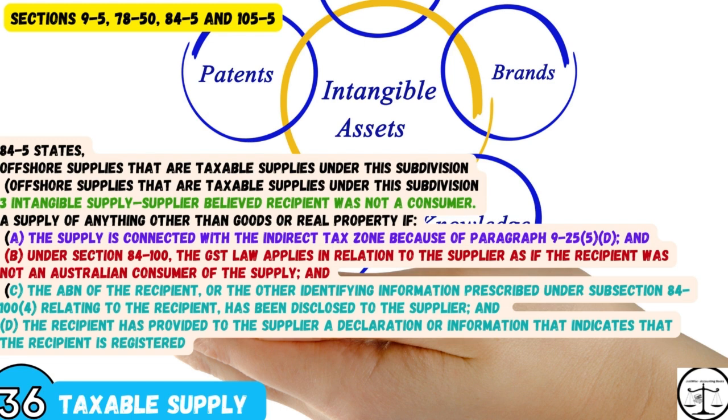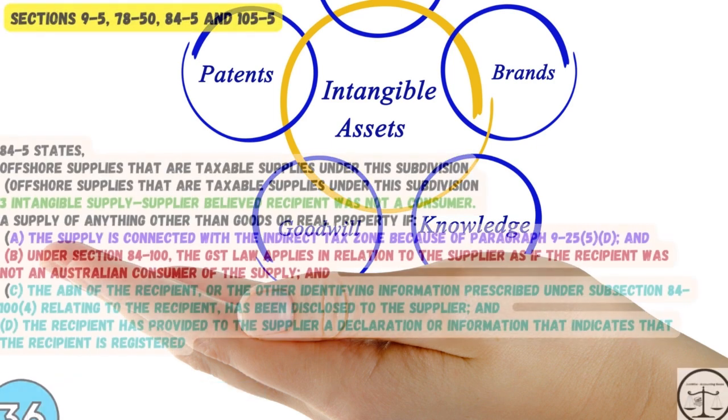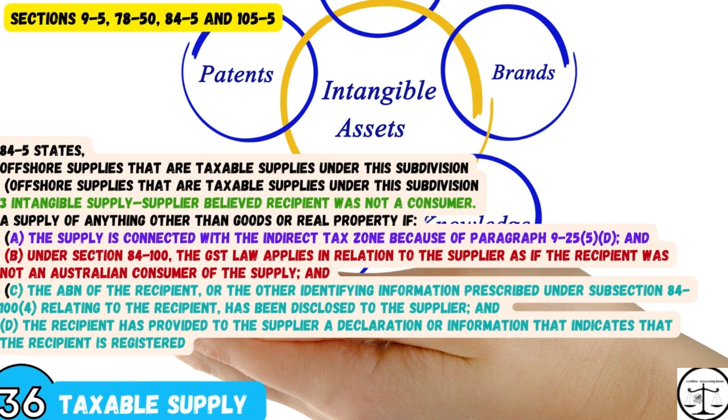A supply of anything other than goods or real property if A. The supply is connected with the indirect tax zone because of paragraph 9-25(5)(d), and B. Under section 84-100, the GST law applies in relation to the supplier as if the recipient was not an Australian consumer of the supply, and C. the ABN of the recipient, or the other identifying information prescribed under subsection 84-100, relating to the recipient, has been disclosed to the supplier, and D. the recipient has provided to the supplier a declaration or information that indicates that the recipient is registered.